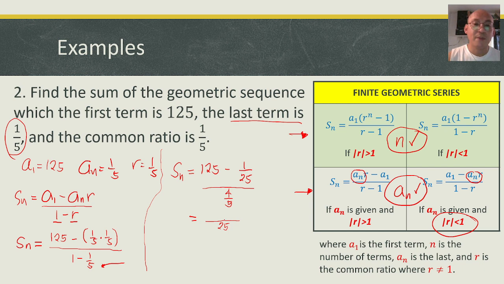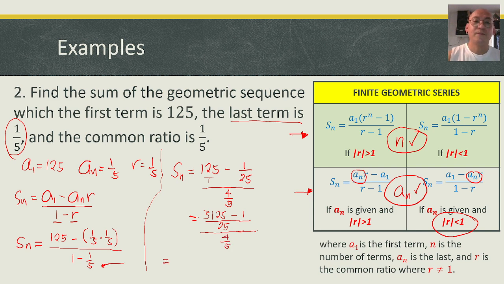So 25 divided by 1, as we have here an imaginary 1, is 25. Then times 125, we have 3,125. Minus 25 divided by 25 is 1, times 1, we have 1. All over 4/5.